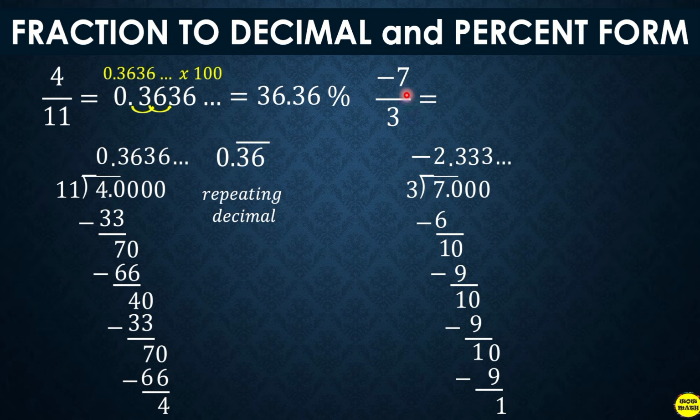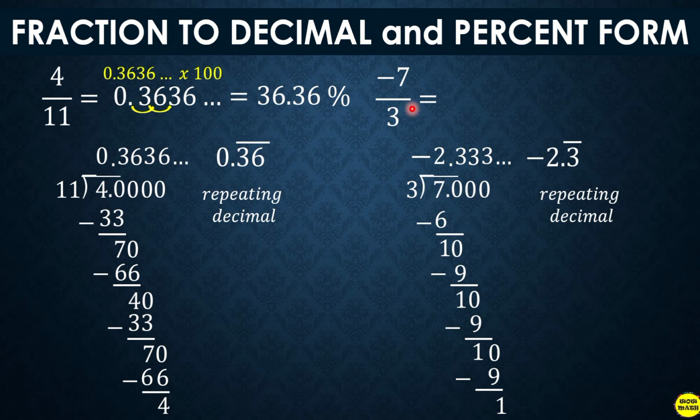So, negative 7 over 3 is equal to negative 2.33 na pwede rin nating i-rewrite using the vinculum o yung bar. So, ano ang naulit dito? 3. Okay? So, kung 3 ang naulit, pwede natin siyang i-rewrite as negative 2 point 3 with vinculum. So, ibig sabihin yung 3 natin, ito yung repeating block mo. Okay? So, this is an example of repeating decimal.